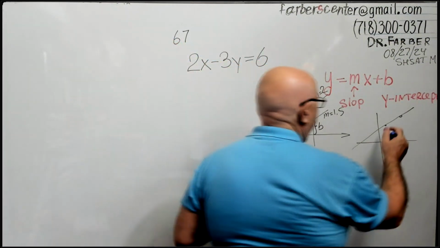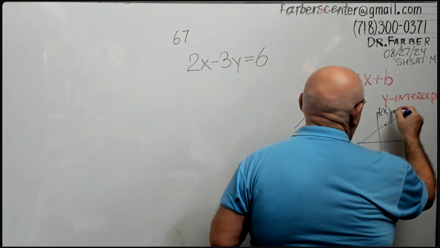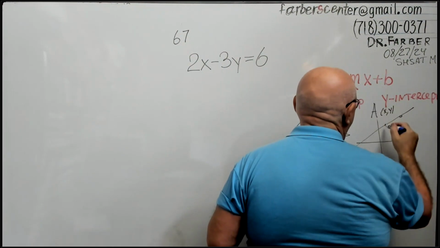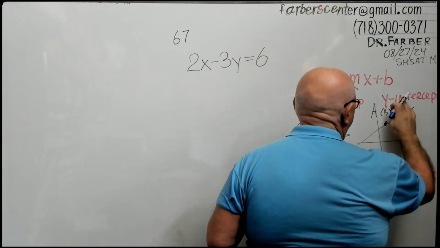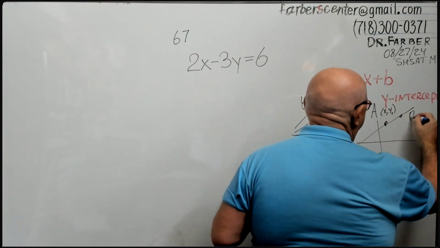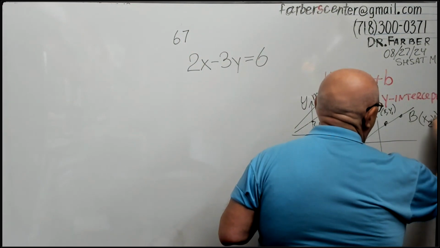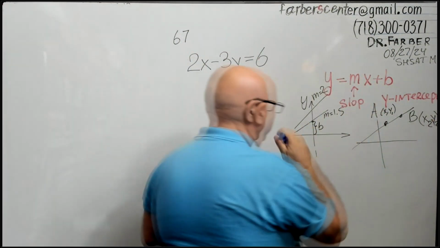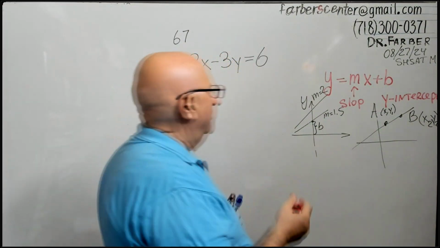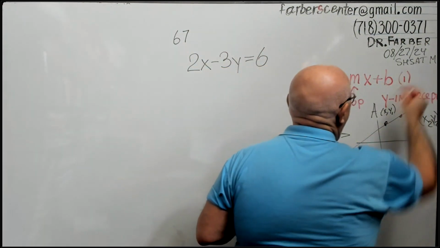Easy. How to find slope if you have 2 points? Let's say point A has coordinate x1, y1. And point B has coordinate x2, y2. We name it order of pair. So this is equation of line, number 1.